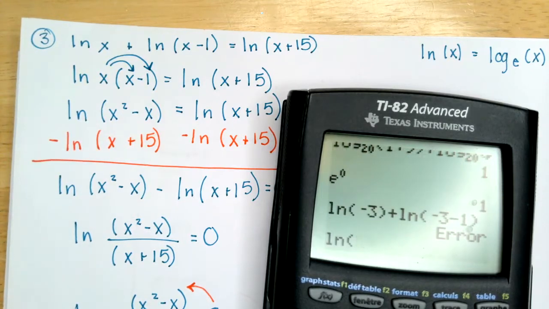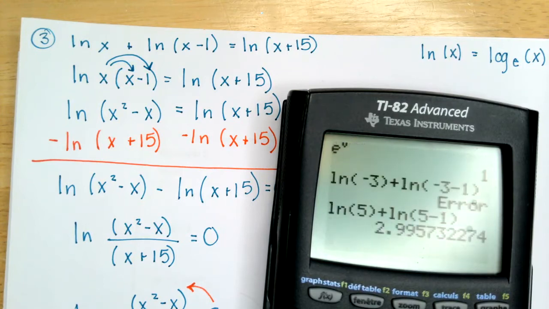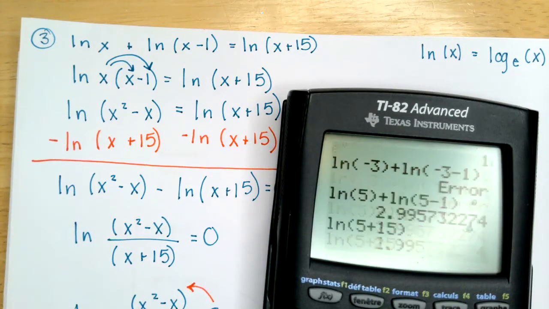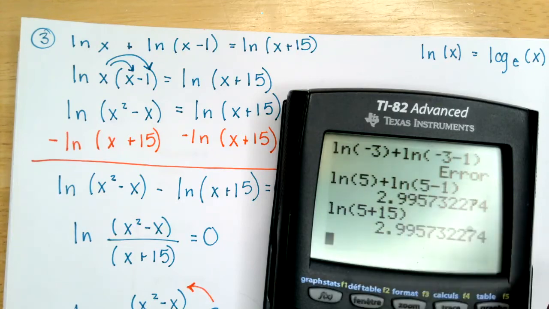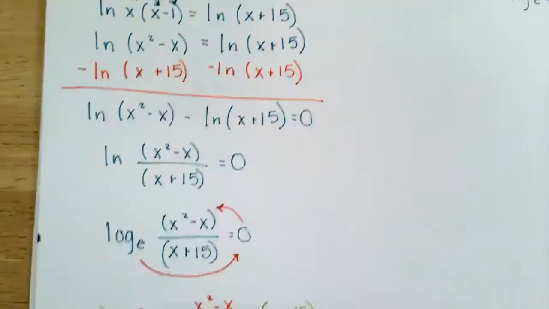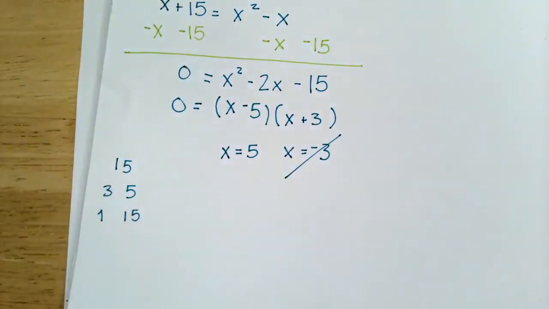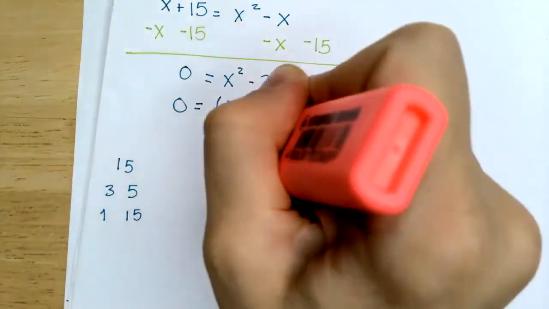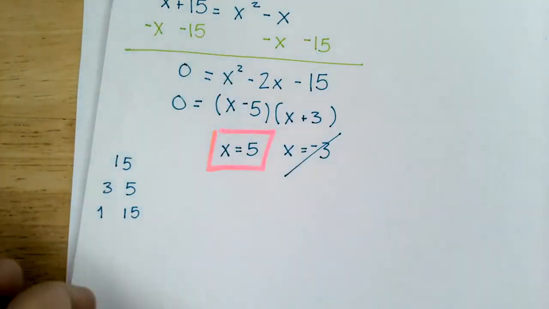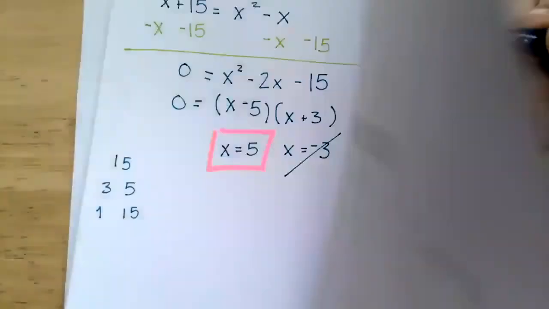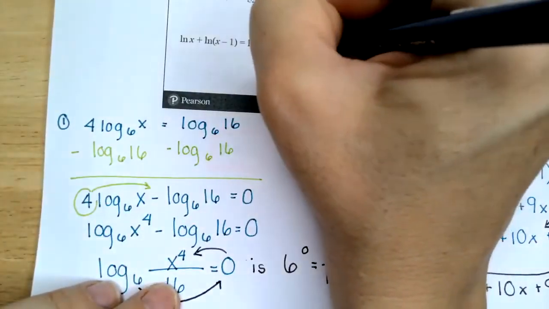The natural log of 5 plus the natural log of 5 minus 1. And then on the other side, we have the natural log of 5 plus 15. Yes, those work out. All right. So that checked out. This is not a possible answer, but this was an answer. So we're going to say here, x is 5.